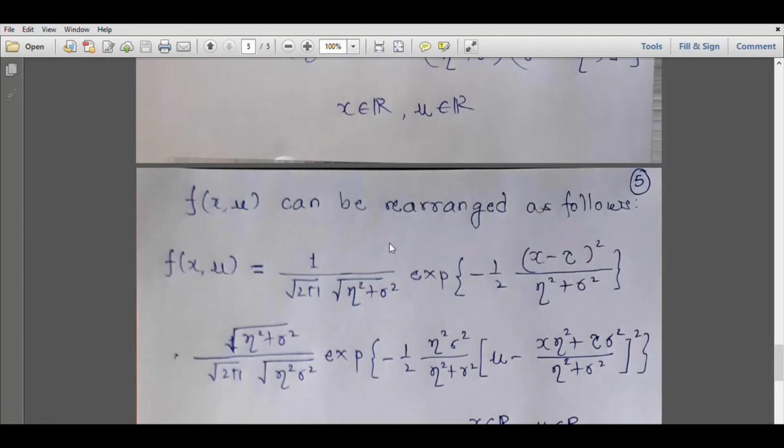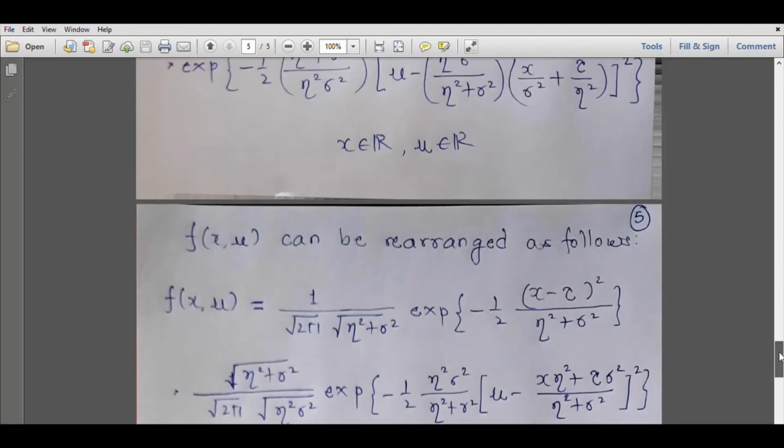Now this first term, these terms together, we have already identified as the normal density function or normal PDF. Similarly here, if you look at this carefully, this also automatically becomes another normal PDF. In this, if you treat x as a constant, then this term, x eta square plus tau sigma square upon eta square plus sigma square, becomes the mean of the random variable mu.